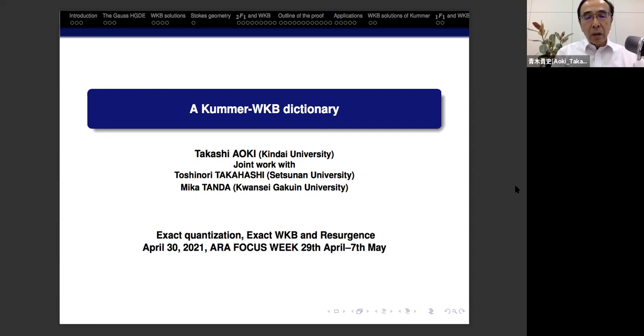And today, I would like to show you what is obtained if the exact WKB analysis is applied to classically well-known objects, namely hypergeometric functions or equations and their family.